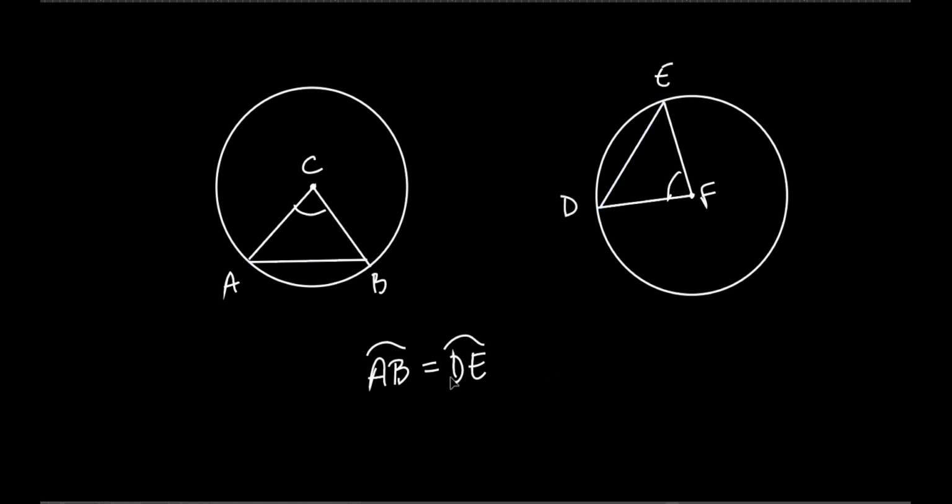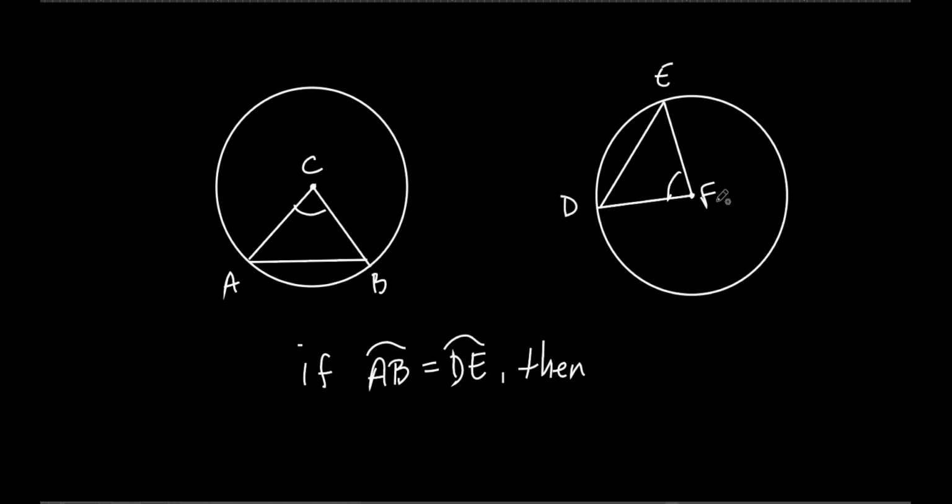And what if I told you right at the beginning, what if it could go either way? So watch. If I told you that arc AB and arc DE were equal to each other, then, watch. Now I stuck something different in here than on that first theorem. What did I put in here? I connected A to B and D to E. So look at the length of AB and look at the length of DE.